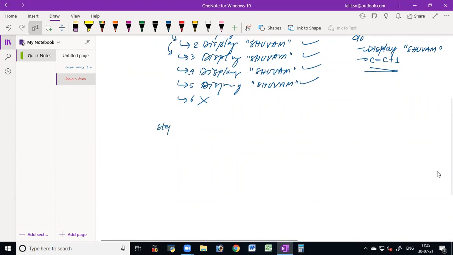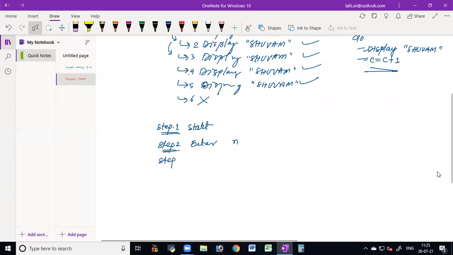So in this case, for displaying your name n times, you have to write like this. Step 1: Start. Step 2: You have to take the n value. Enter the number of times you want to display your name, or enter the value of n. Enter n.